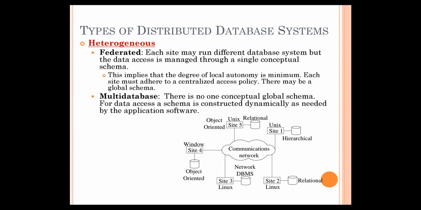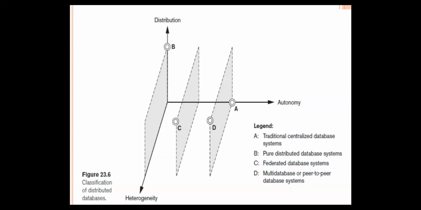So any doubt? And how we can represent all 4 types of distributed databases? From the diagram, you can easily understand. Say if you take all 3 parameters, autonomy, distribution, and so on.